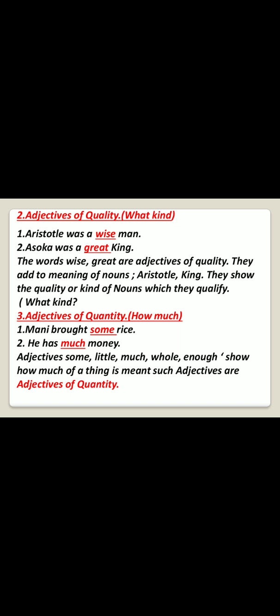Number 2, he has much money. Here, some and much are the adjectives of quantity. Adjectives some, little, much, whole, enough show how much of a thing is meant. Such adjectives are adjectives of quantity.